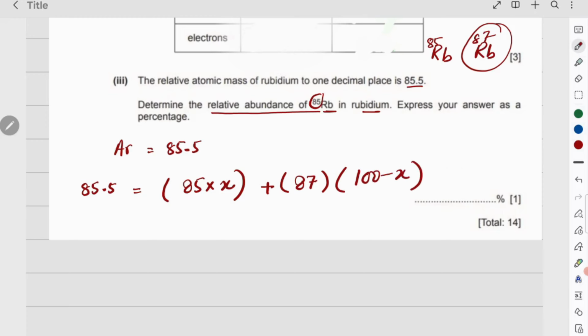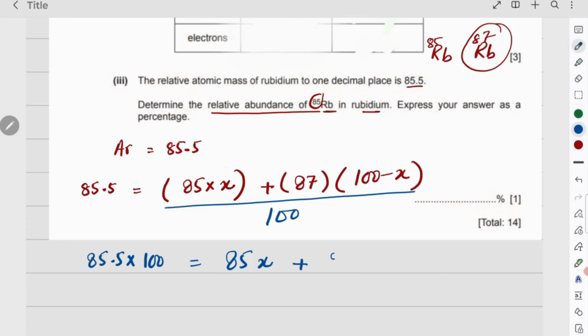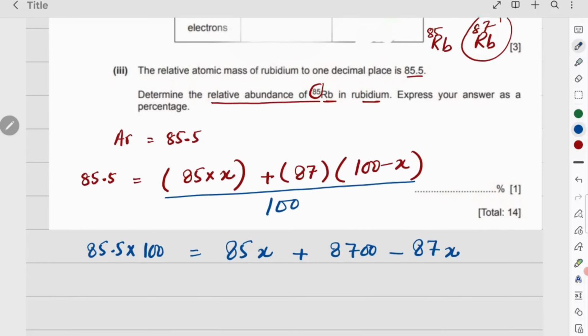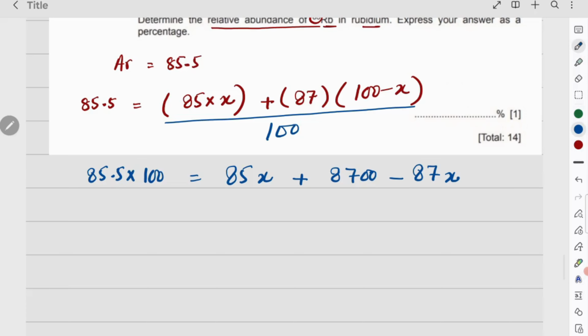The relative abundances we are taking are out of 100, then divided by 100. So multiply this value 85.5 by 100. It will become 85x plus 8700 minus 87x.